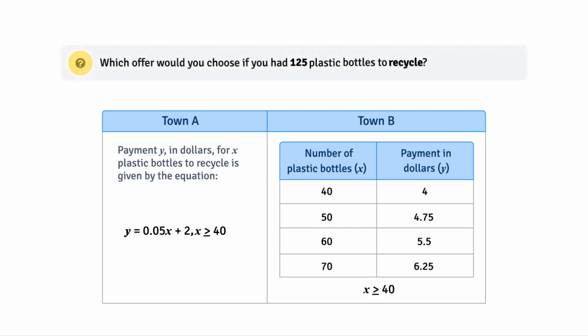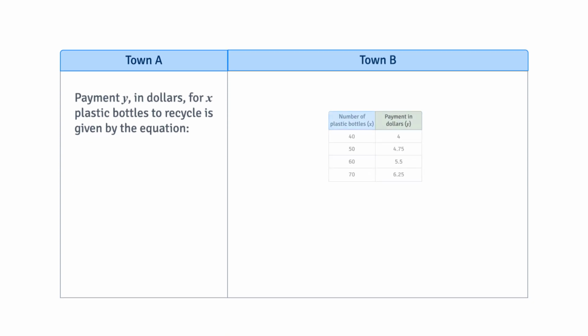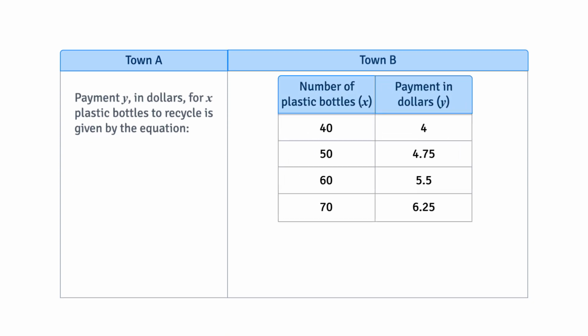Which town's recycling center offers more for 125 plastic bottles? First, compare the initial values and rates of change in both representations. The offer in Town A is given by an equation of the form y equals mx plus b.